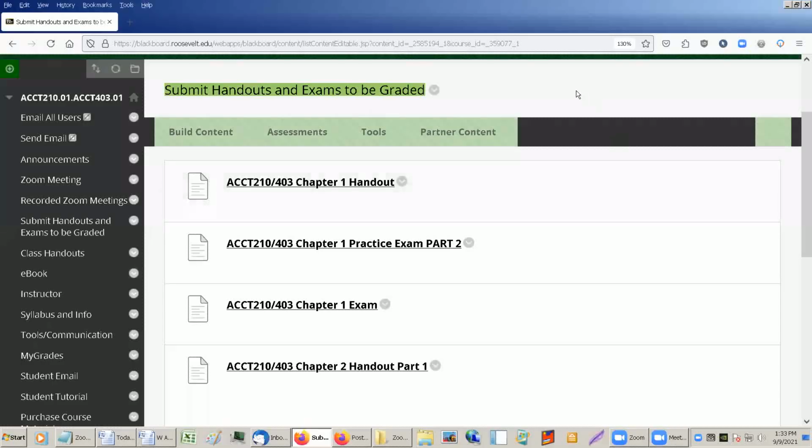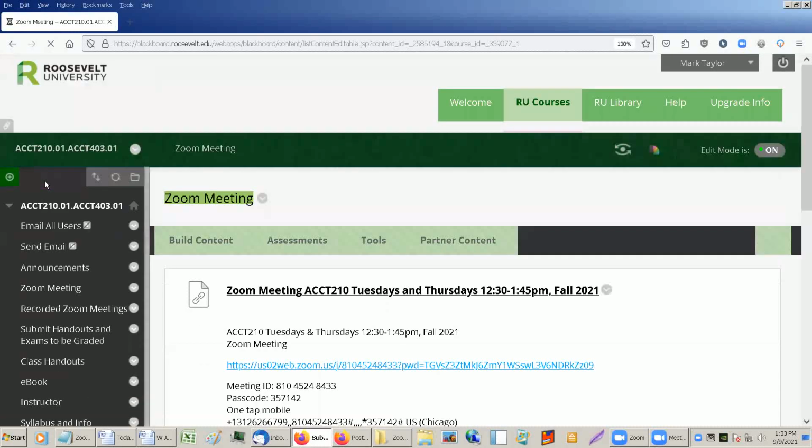Professor, is the link to the YouTube videos on Blackboard? Yes. If you go into Blackboard, you'll see Zoom meetings. That's the active meeting, what we're in right now.